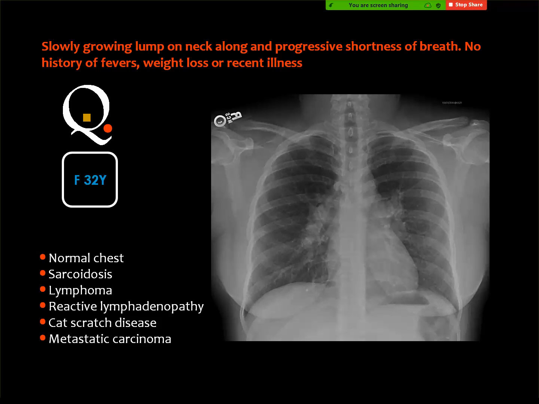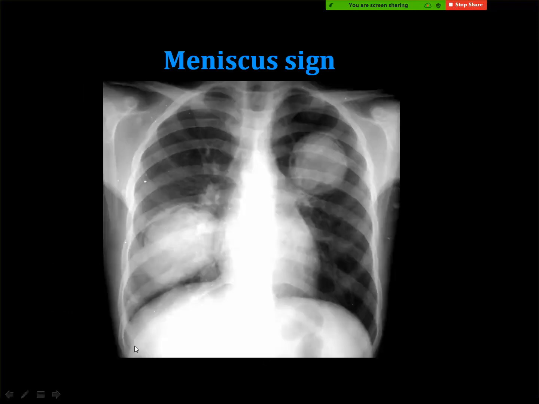Okay, this is a female patient, 32 years old. Doctor, is this sign similar to the fungal ball that occurs in a lung cavity? With the fungal ball, there is some air that is larger than this, and the ball is a little bit smaller than this, but this is air in the wall of the lesion.